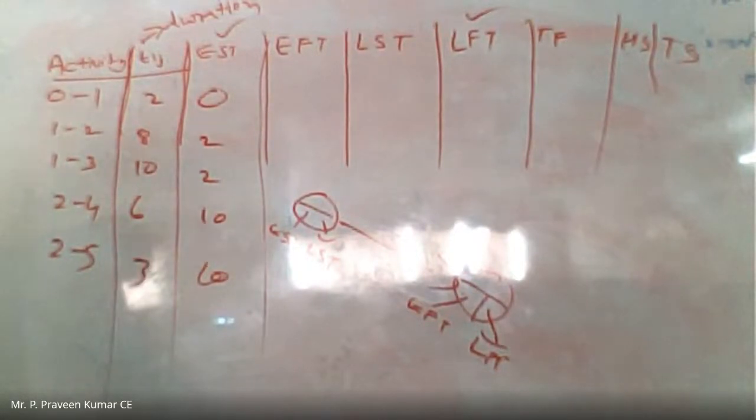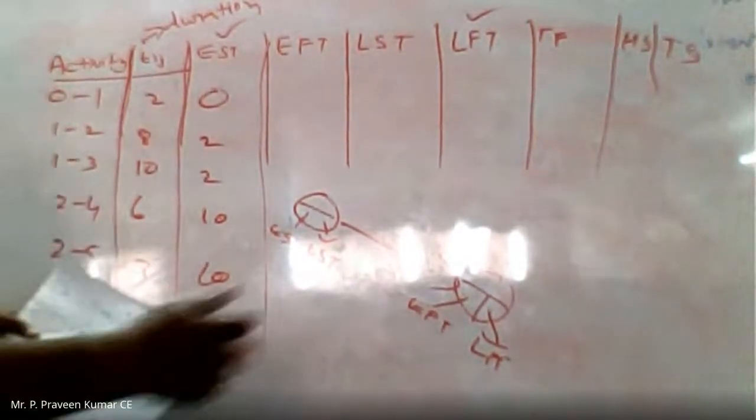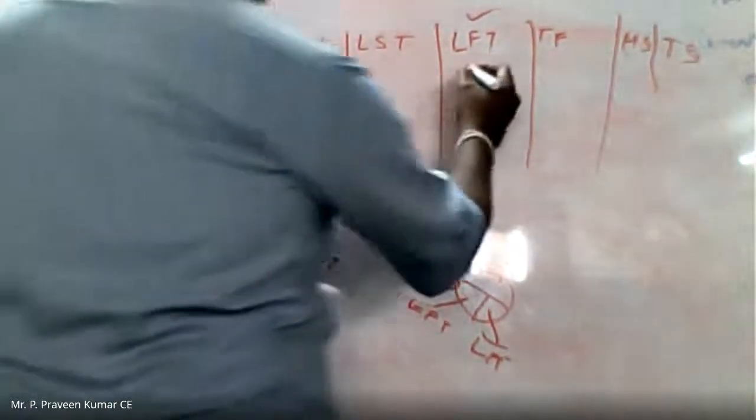From 1 to 3, 12 is the LFT value. From 2 to 4, 22 is the LFT value. Whatever we have calculated in the network diagram, that only I am writing: 2, 16, 12, 22, 25.